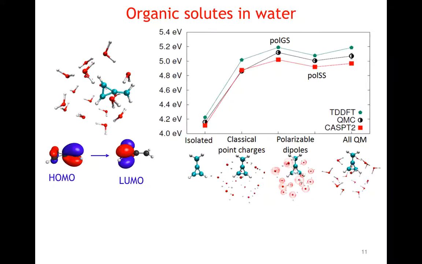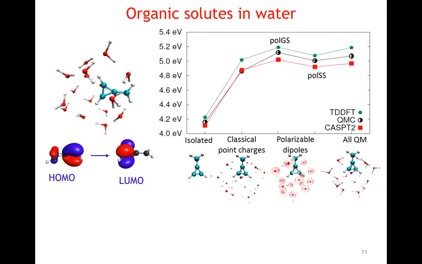We are trying to compare our numbers with respect to a calculation where we use the same quantum method for all the molecules of the system. So the reference is found at the extreme right of this plot, and it is given by a calculation where all the water molecules and the MCP molecule are treated at the same time with the three quantum methods that I'm showing in the caption of the plot.